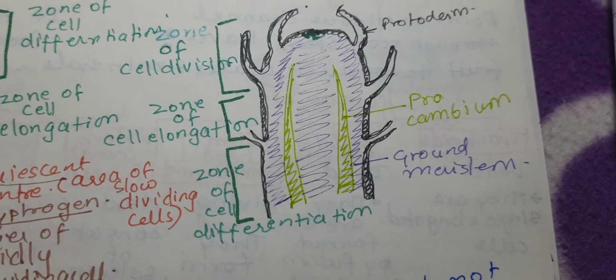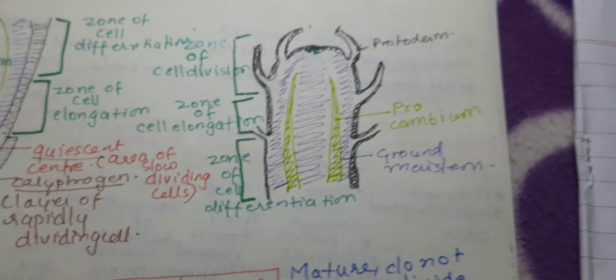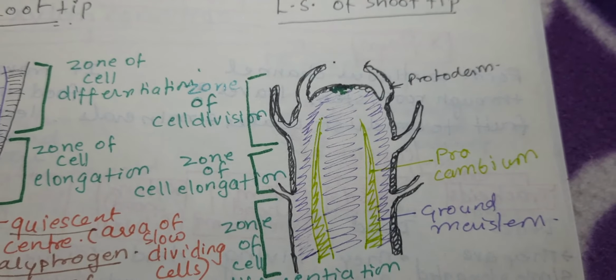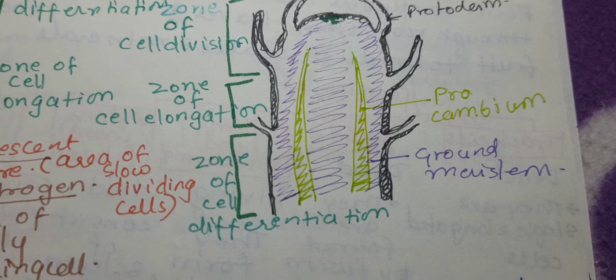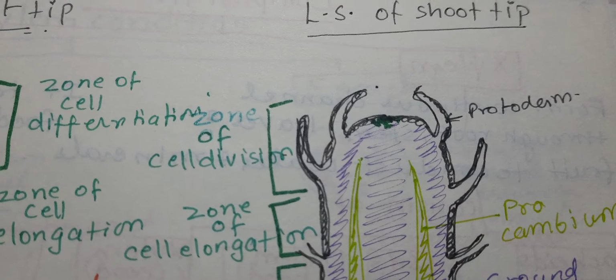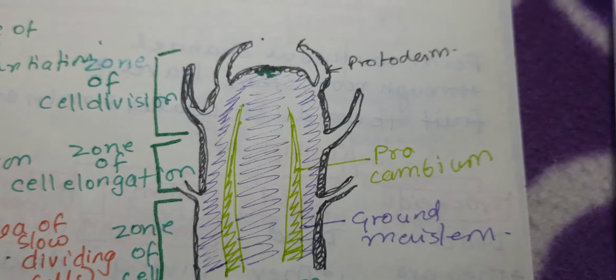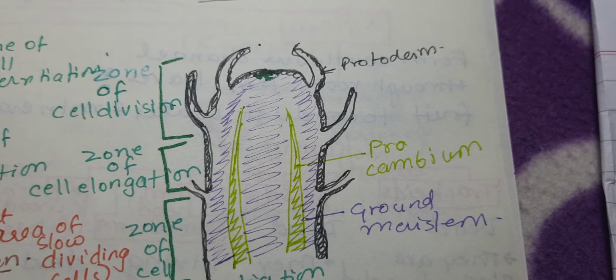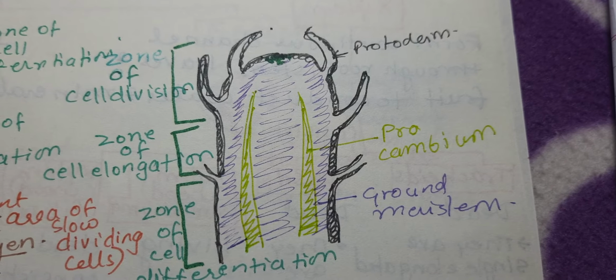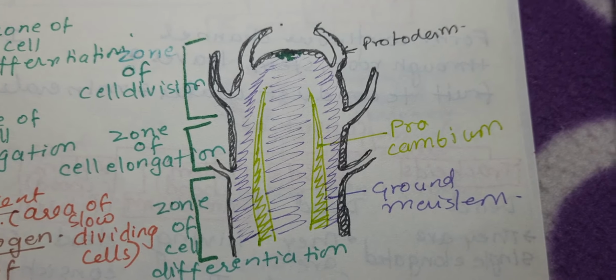Similarly, you can see the formation in the longitudinal section of the shoot tip. The zone of cell division is on top, then elongation and differentiation. Here also you can see protoderm, procambium, and ground meristem.